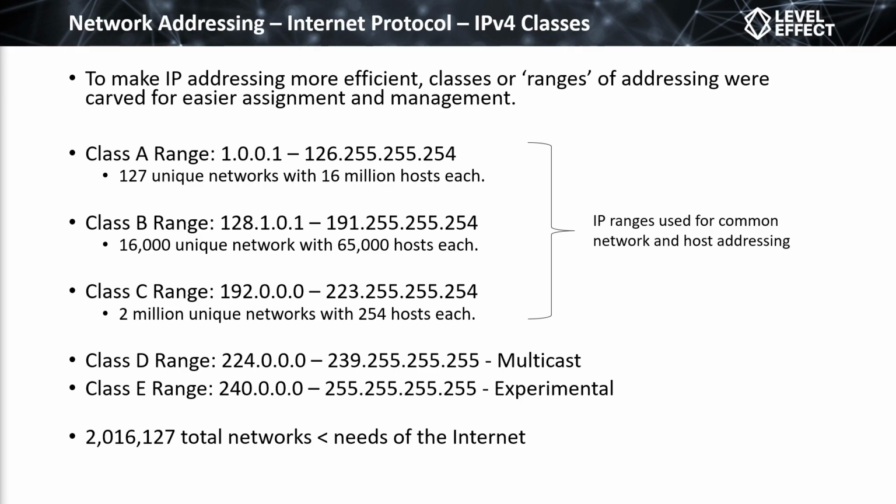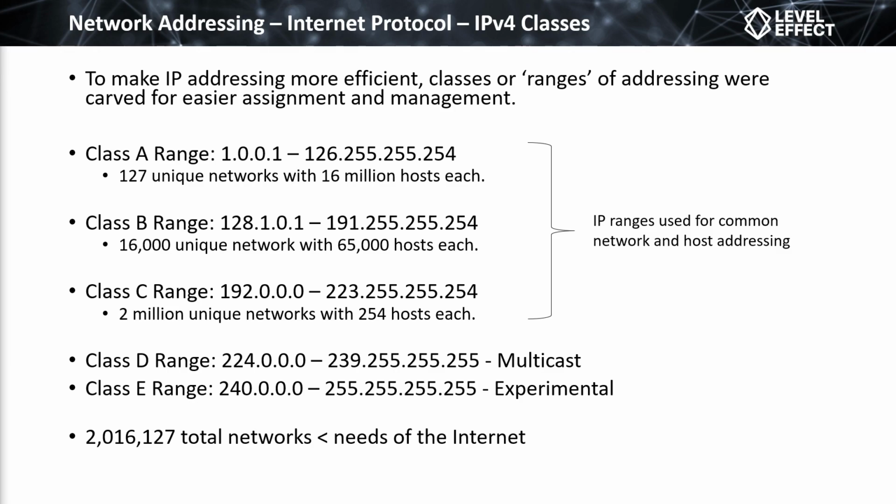We wanted to create small manageable blocks to very large manageable blocks depending on the organization's need so that we can give it to them instead of people just sort of carving and slicing and getting random sets of IPs. We wanted to do it in a more logical way. So they created these ranges or classes of IP addresses. There are 3 primary classes that we deal with day in, day out, but there are 5 in total. So let's talk about those.